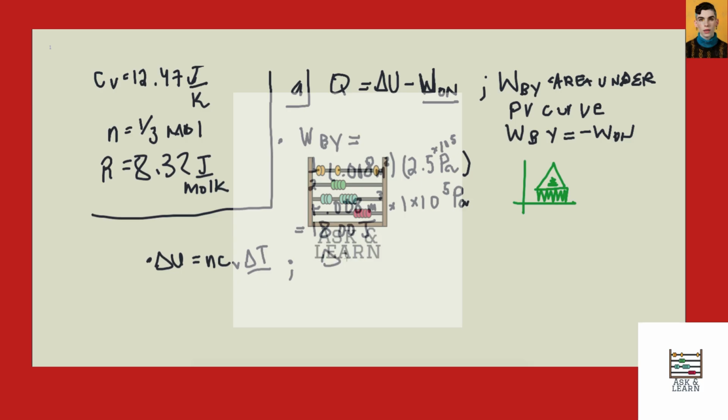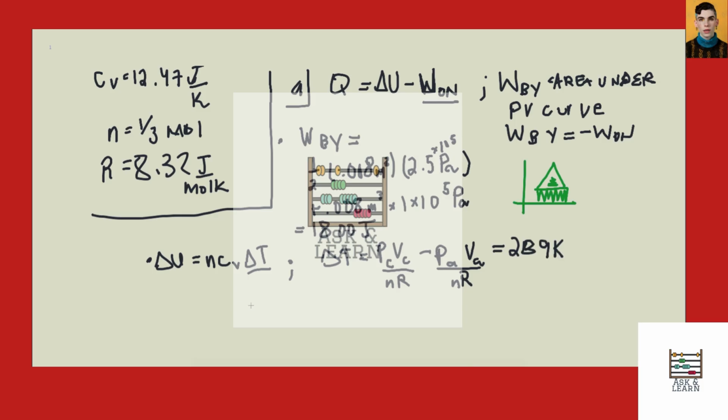So delta T is P final times V final, so P at C times V at C, divided by nR, minus P at A times V at A divided by nR. If you read off the graph, and for n use 1/3 and R use 8.32, you'll get what I got, which is 289 Kelvin.